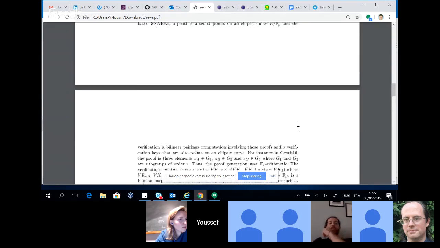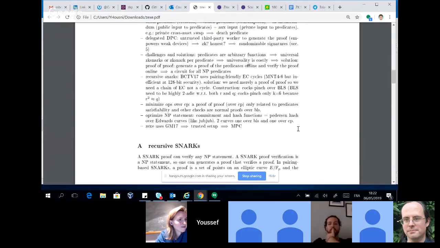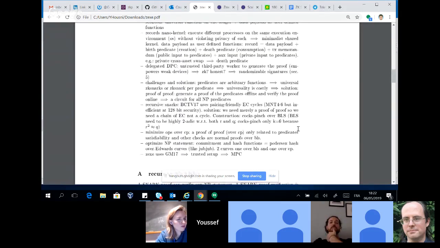But anyway, a proof is a set of points on the elliptic curve. In GM17, for example, it is 2 elements in the first group and 1 element in the second group. Those points belong to a subgroup of order, say, n. And the verification is pairing computation.